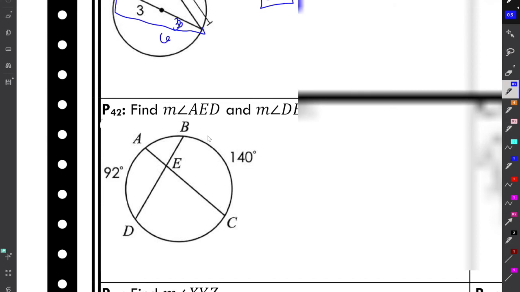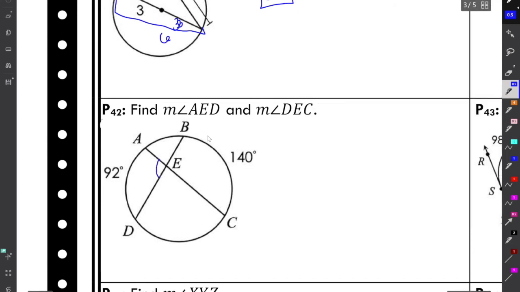So my plan here is to first use that formula we just talked about to find AED, okay? And then whatever I get, I'll subtract from 180 to get DEC because they form a straight line. So the measure of angle AED is just equal to, add those 2 intercepted arcs up, so 92 and 140, and divide by 2.